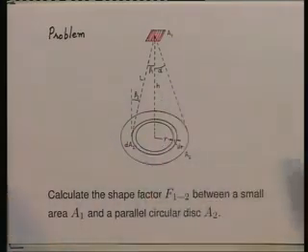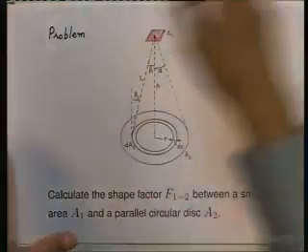So, we have let us say this table, on this table I have a circular disc. At the center of the disc, let me draw a perpendicular at the center of this disc and go up a certain distance h. At that distance h, consider a small area A1 which is like a differential area parallel to the plane of this table.